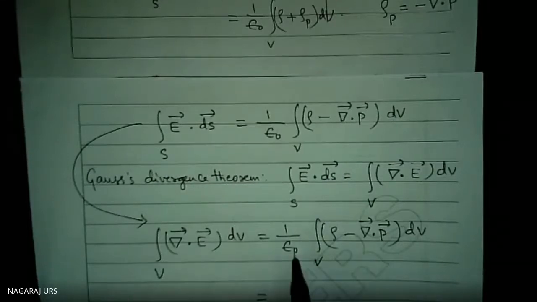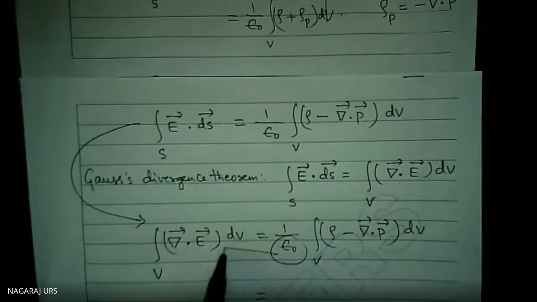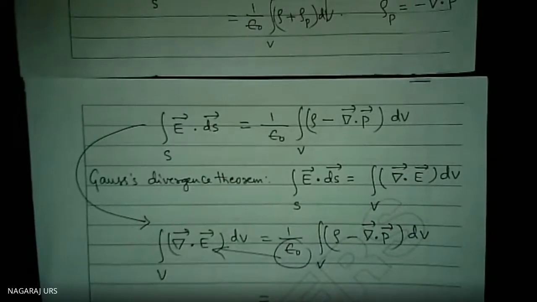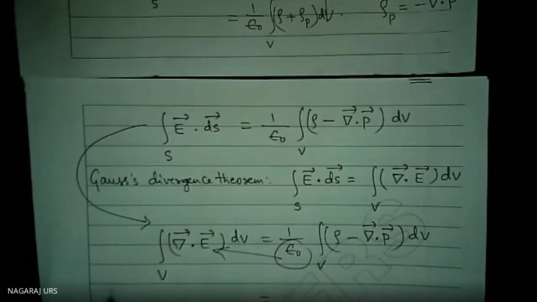This epsilon naught I will multiply here, not for the operator. This is an operator, just like differentiation, I told you already. Don't say epsilon naught into del. We cannot multiply with this; we have to multiply with this. Epsilon naught is a constant.